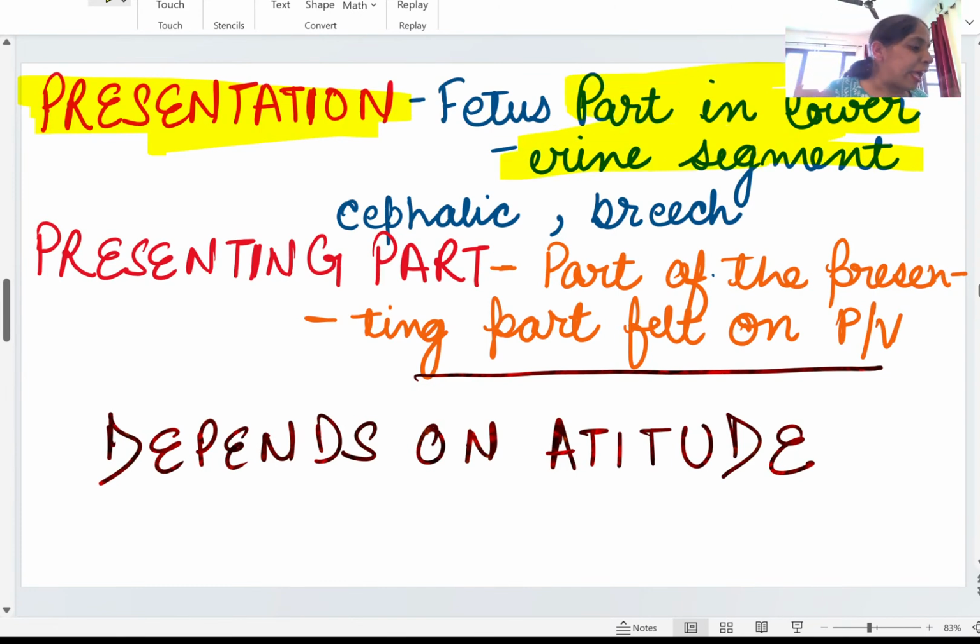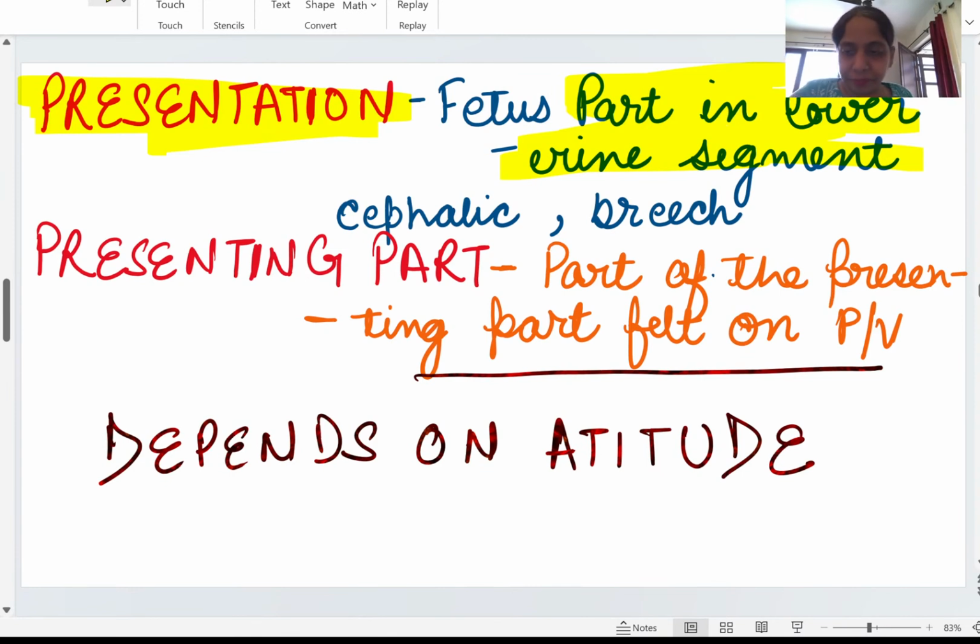It can be cephalic, it can be breech. Okay. What is presenting part? The part of the presentation which we are feeling on PV.